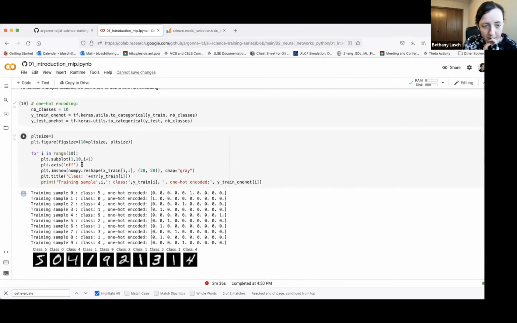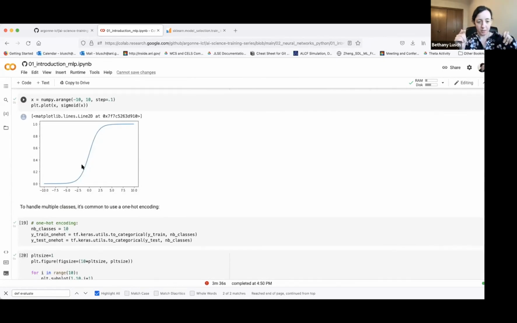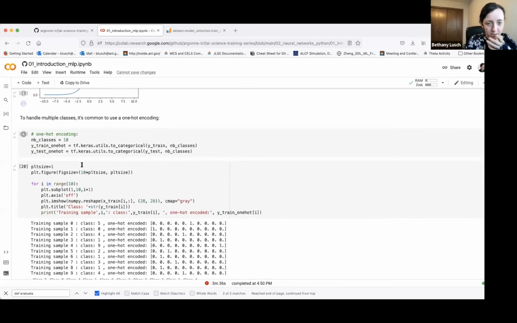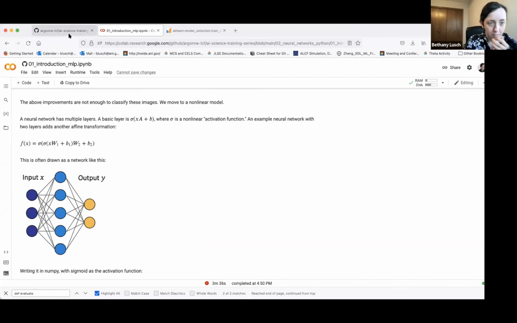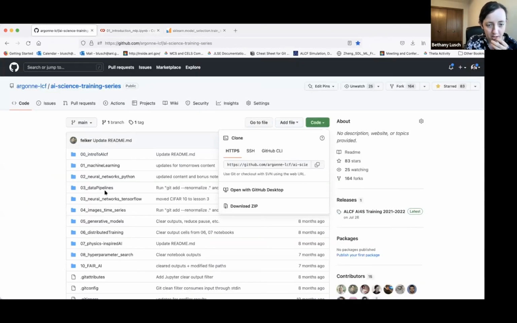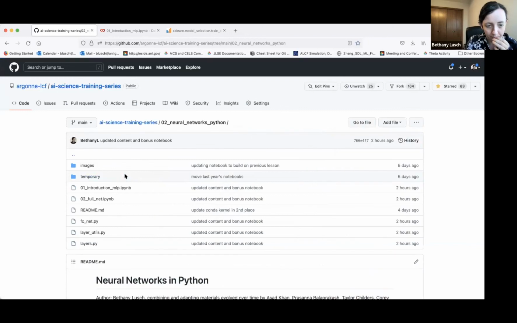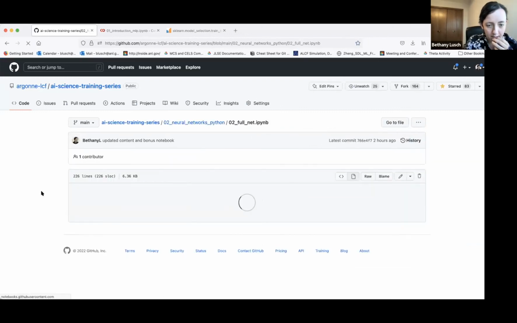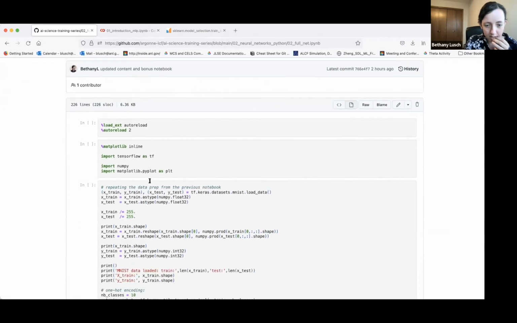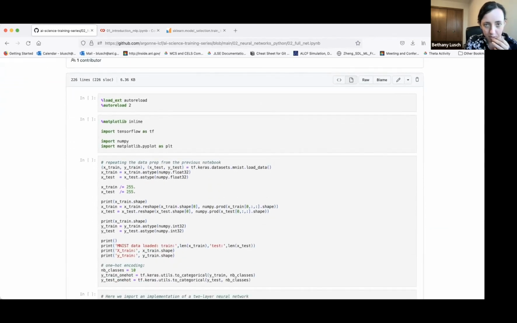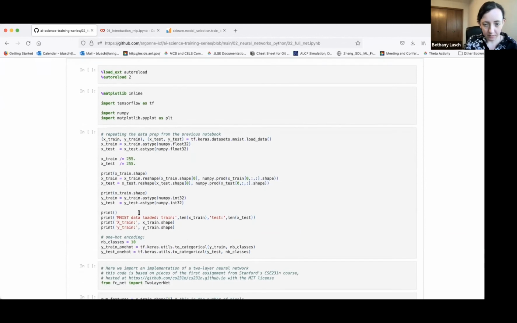Now, here with our training loop, we only had the linear network. Once we add all those non-linearities and introduce different loss functions, the gradients get more complicated. But I do have for you guys notebook number 2. Here I have a full implementation of a 2-layer network for MNIST.